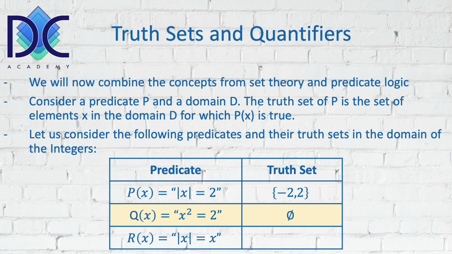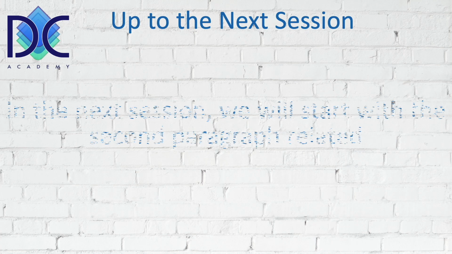Now, the absolute value of x is equal to x refers immediately to the natural numbers expanded with 0, because the absolute value of 0 is equal to 0, or we can also call this the set of the non-negative integers. So this was the part about truth sets and quantifiers.